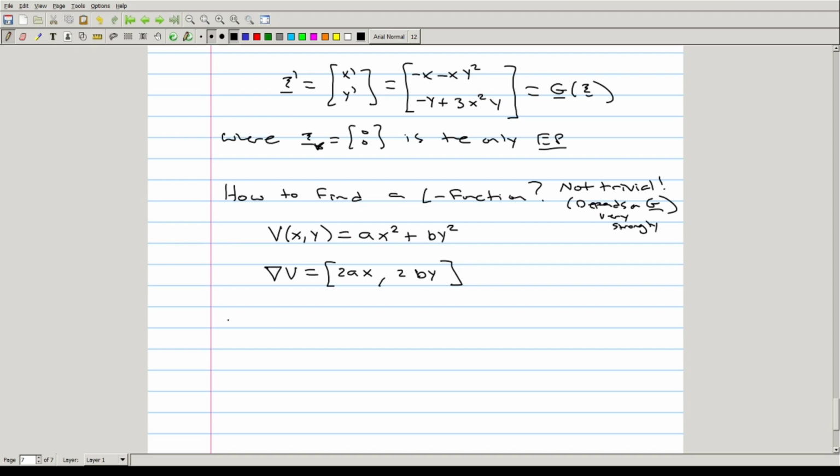So, taking the gradient of the function V dot product with g, this becomes 2ax times negative x minus xy squared plus 2by times negative y plus 3x squared y.